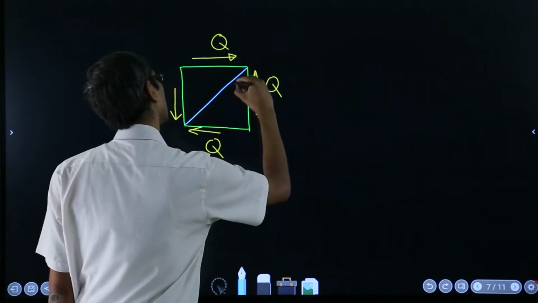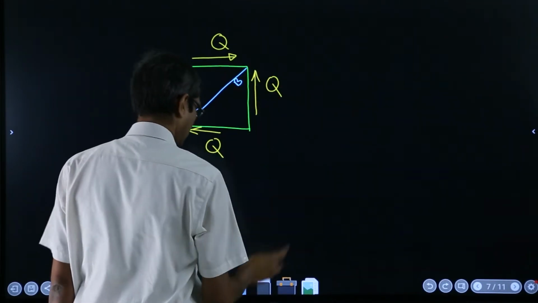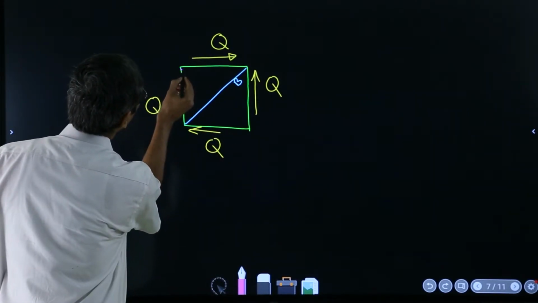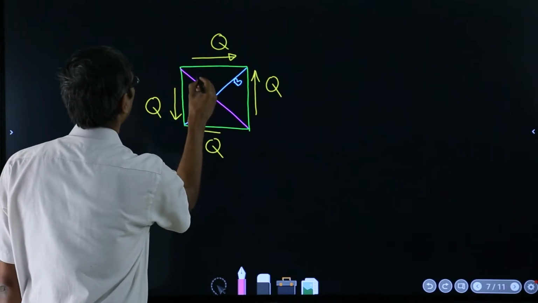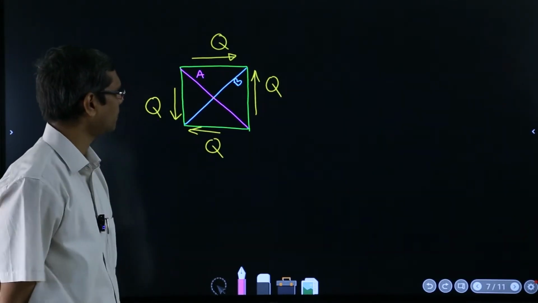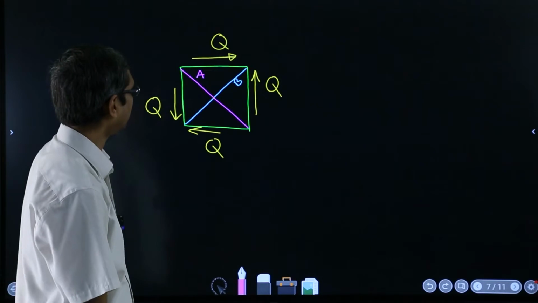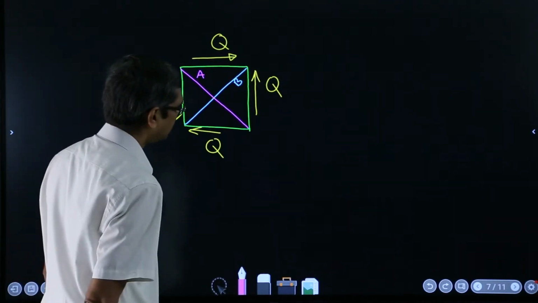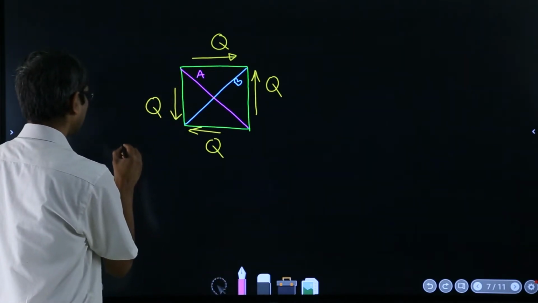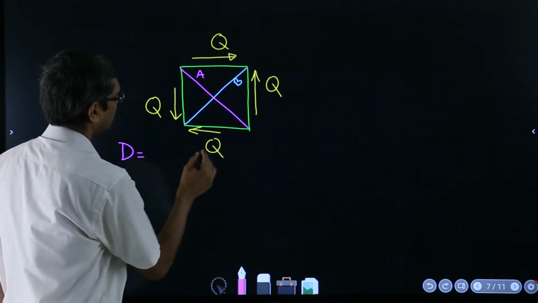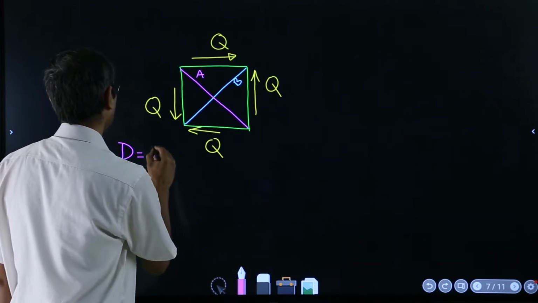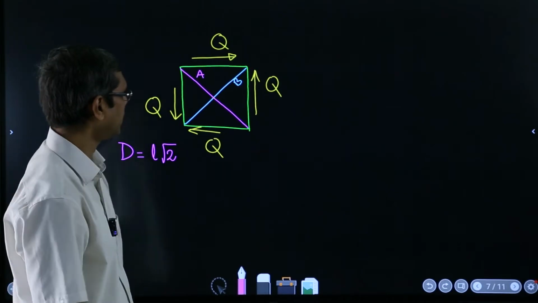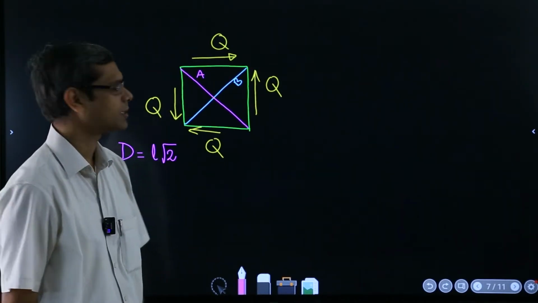This diagonal I will call say B, and I will draw another diagonal, say this one I will call A. So, these are the diagonals of the cube, say length D, which is nothing but L under root 2, the length of the diagonals.